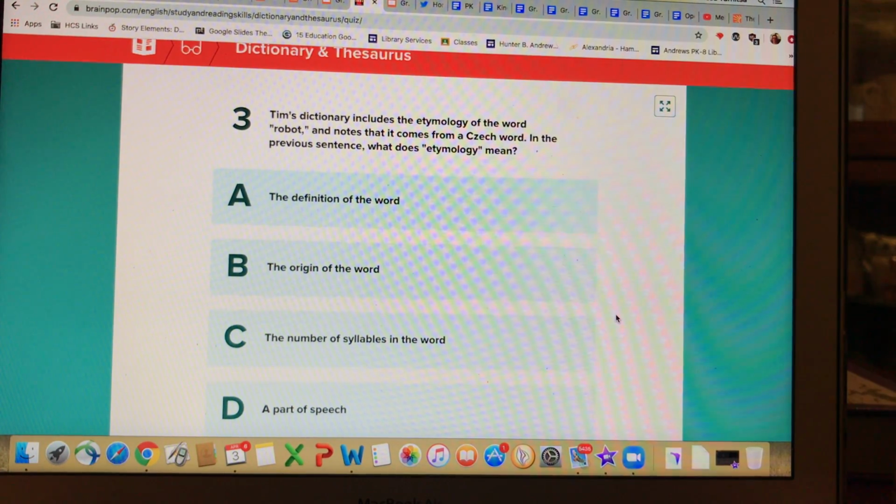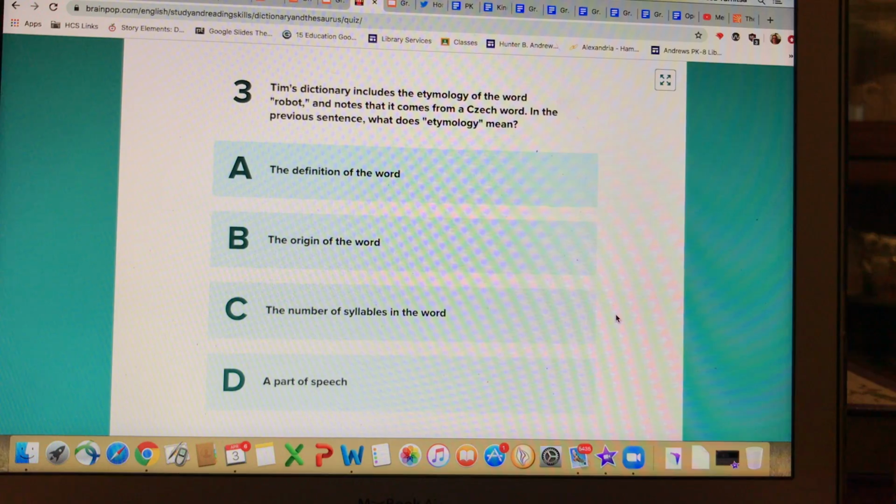Okay. Tim's dictionary includes the etymology of the word robot and notes that it comes from a Czech word in the previous sentence. What does etymology mean? So if we're talking about etymology, and we're talking about Czech, which is another country, Czechoslovakian.